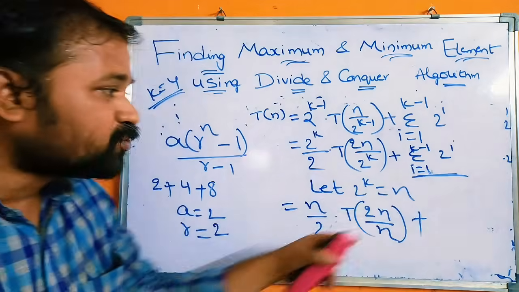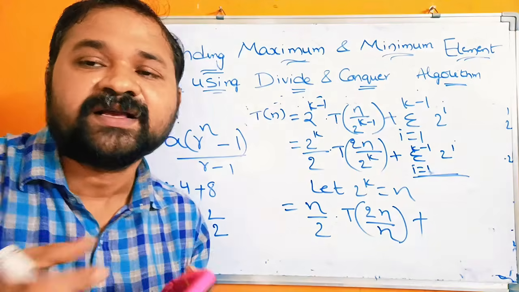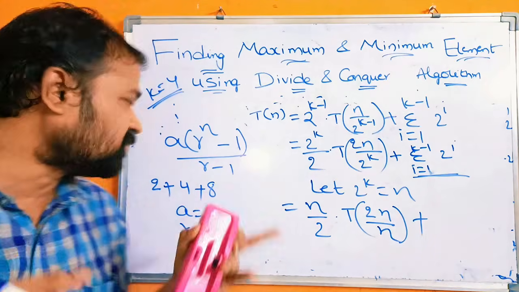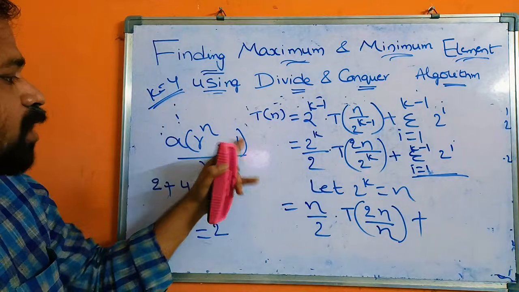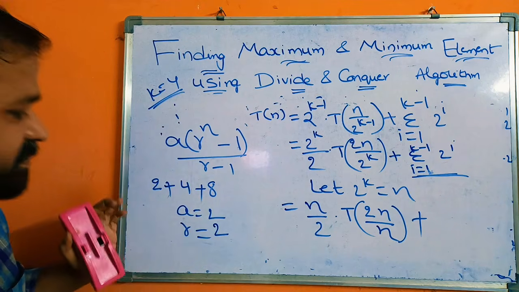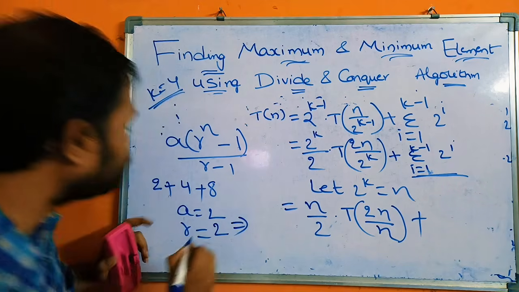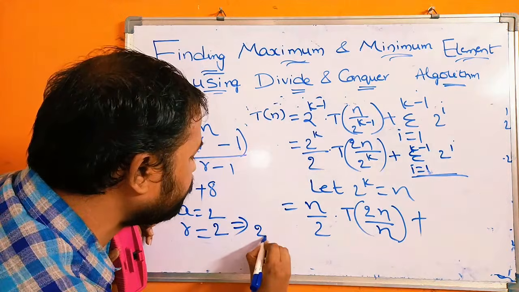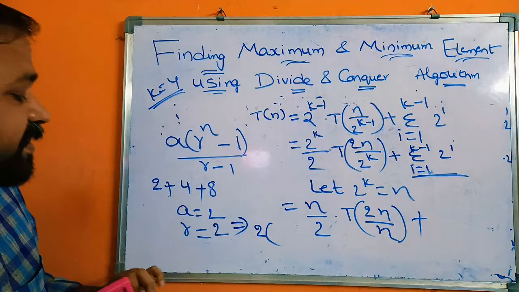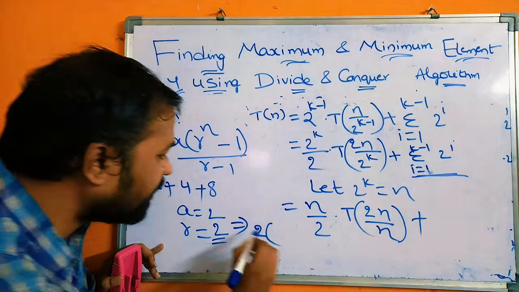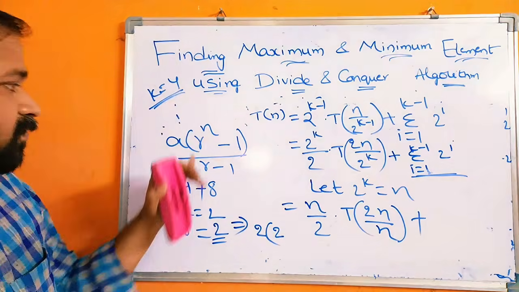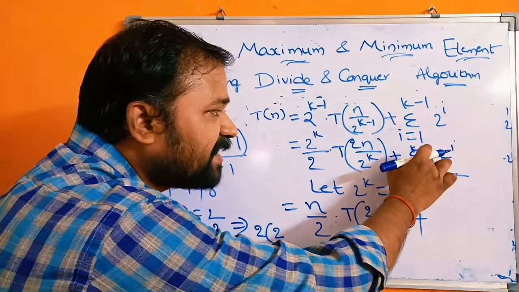So in order to calculate this, we know about sigma. Sigma means summation. Here the formula for the sum is a into r power n minus 1 by r minus 1. So what is the a value? 2 into r power n. What is the r value? 2. What is the n value here? Here the final value is k minus 1.